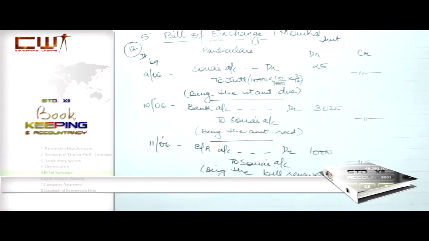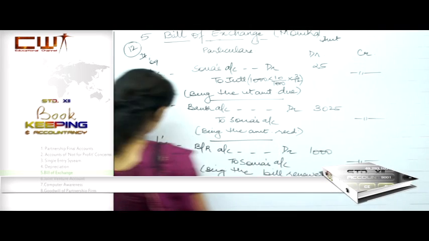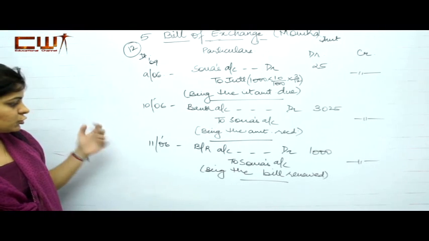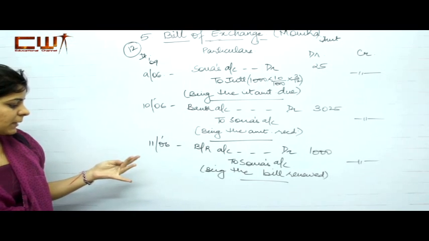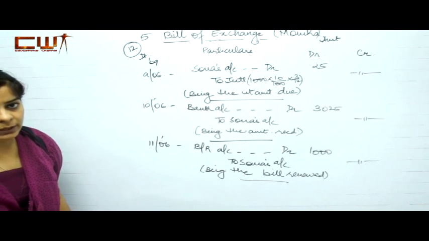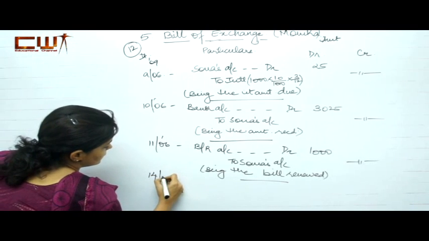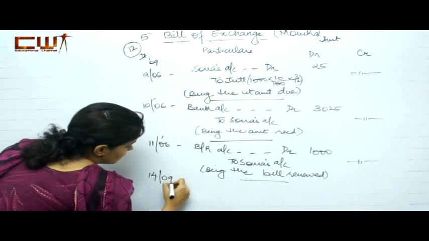From that 1,000 also it is said bills receivable to Sona's account. Next is, but afterwards Sona became insolvent and only 35% of the amount could be recovered from her estate. Now what has she done? How much was the bill for? The bill was for again 3 months. So June to July, August, September. 3 months, and then you take the date also, 14th September it will be.